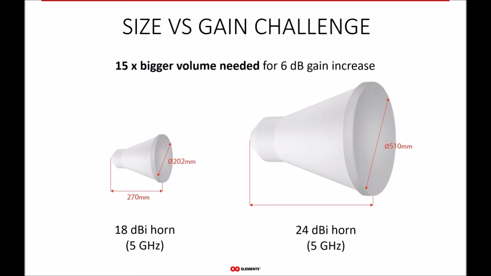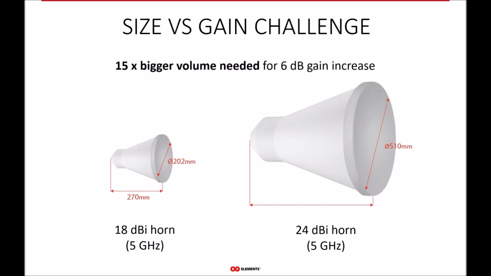And for comparison, to get from 18 to 24 dBi gain, when scaling up a horn, its volume will have to increase 15 times. Which puts a whole lot more pressure on the mechanical engineers and designers to develop a manufacturing process that will accommodate an antenna of such size while maintaining reasonable production cost.